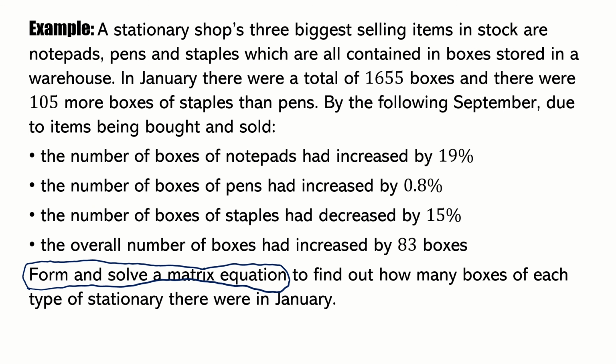But then we need to extract from the words what the simultaneous equations themselves are going to be. So crucially, we're told that in January, there were a total of 1,655 boxes. So that means the number of boxes of each category all added together must total 1,655.